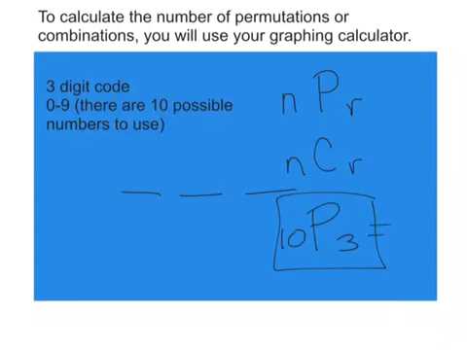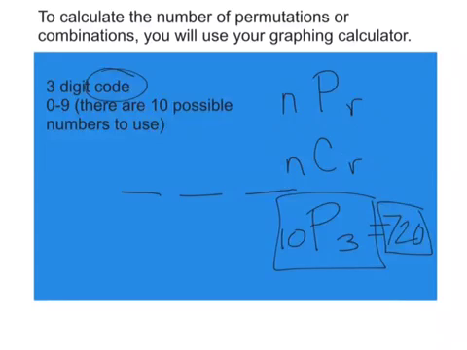I'm going to calculate this and let you know the answer, and then I'm going to show you the steps that I used on my calculator, both for the Casio and for the TI brand. After I compute 10P3 on my calculator, I should end up with 720. Okay, so therefore there are 720 different codes that I could make using the digits 0 through 9 if I want a 3-digit code. 720 different possibilities.